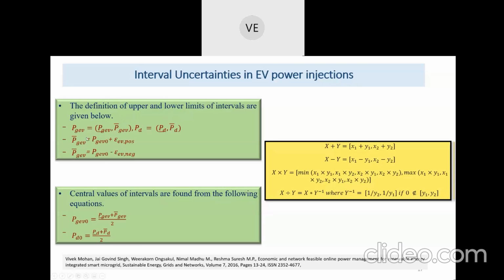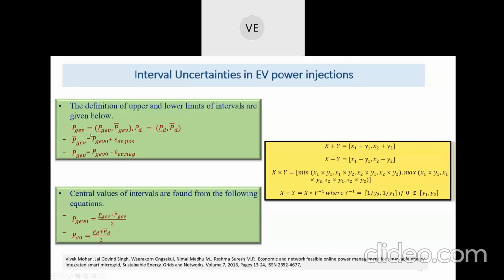Now what is PGEV? PGEV is PGEV naught plus epsilon. What is PGEV naught? This is the committed value from a parking lot to the operator. We say that from this parking lot, these many EVs are supposed to be there. Number of EVs is 7. So based on 7 EVs, this is the generation that is possible.